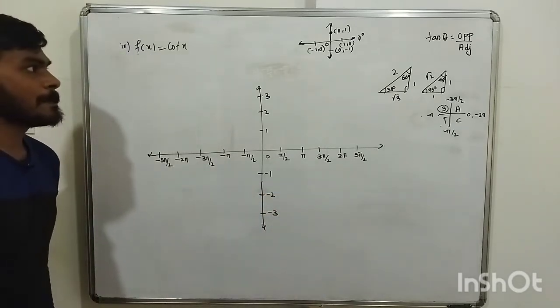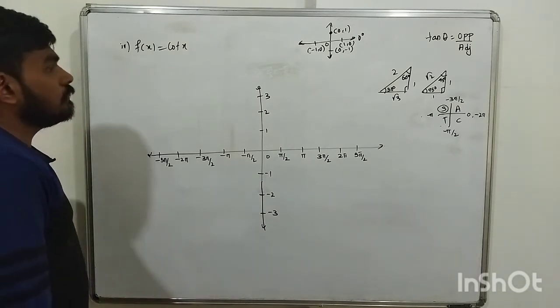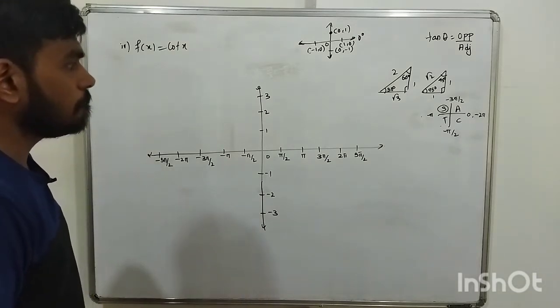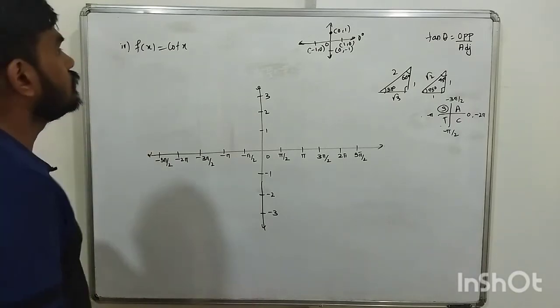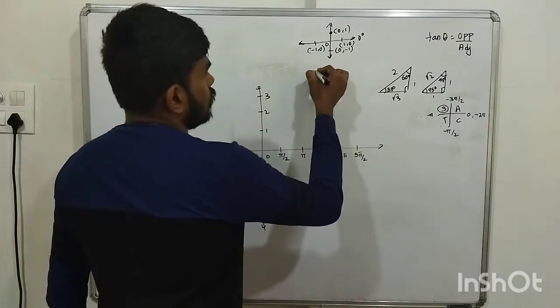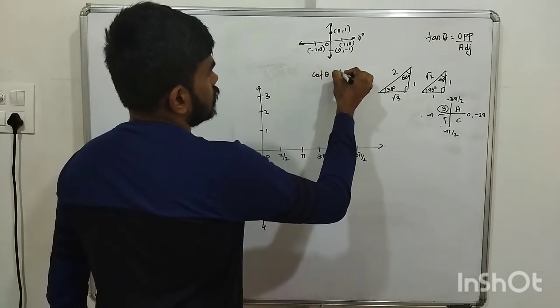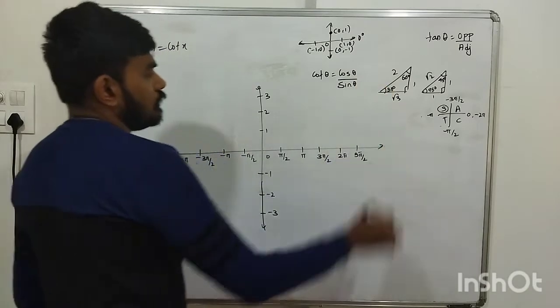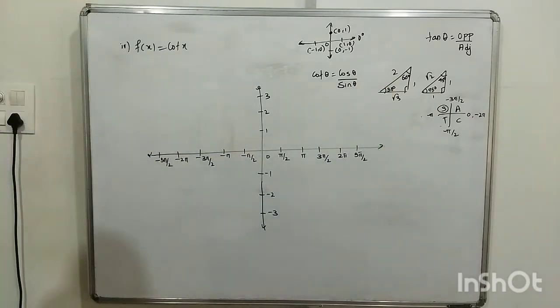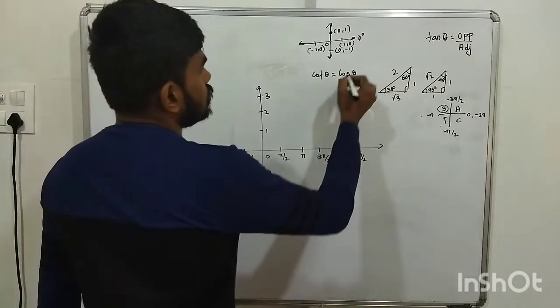Now, cot of 0 is what? For cot we take cos upon sine, as we all know. Now cos of 0 is what?